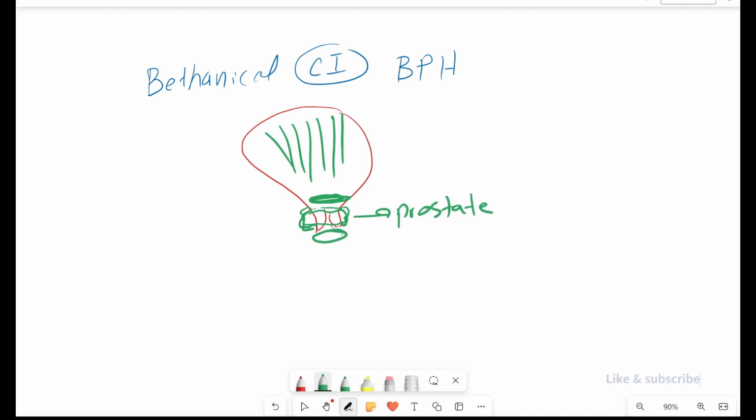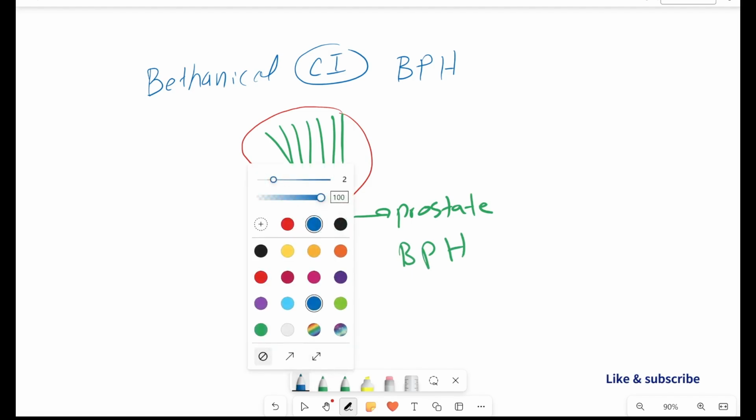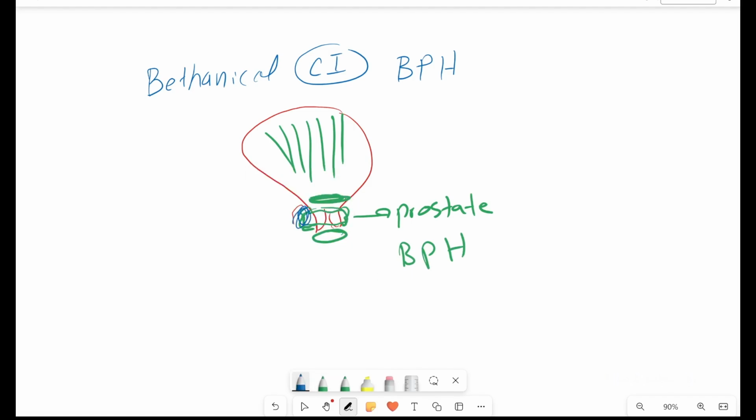When a patient has benign prostatic hypertrophy, the prostate will be large. I will use another color to show you the enlargement of the prostate. It will obstruct the bladder neck, so the patient is unable to urinate.